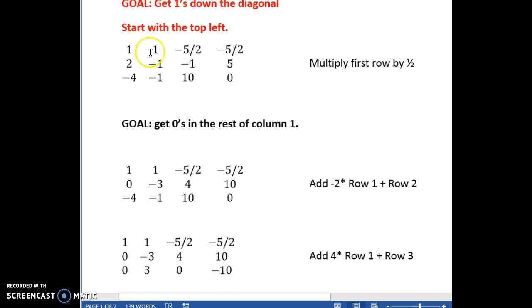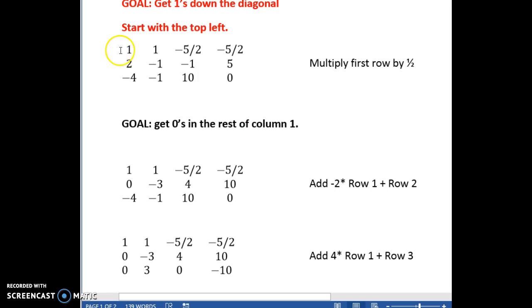So one thing to notice is once you get that 1 there, the easiest thing 99% of the time is to always multiply that row by the number you want in order to 0 out the rest of the column. Because it's a 1 there, it's really easy to identify what number to multiply by in order to cancel out the 2. I need to multiply 1 by a negative 2 in order to cancel out the 2.